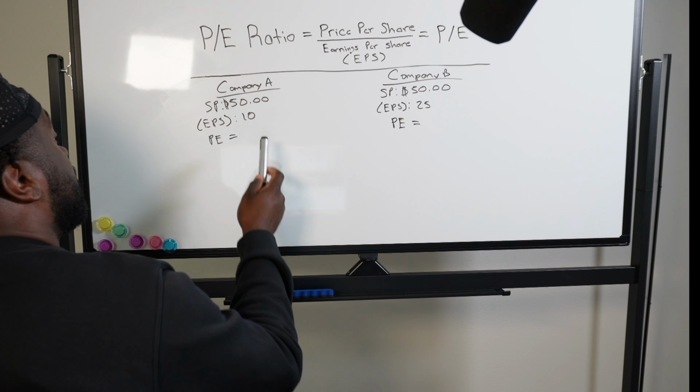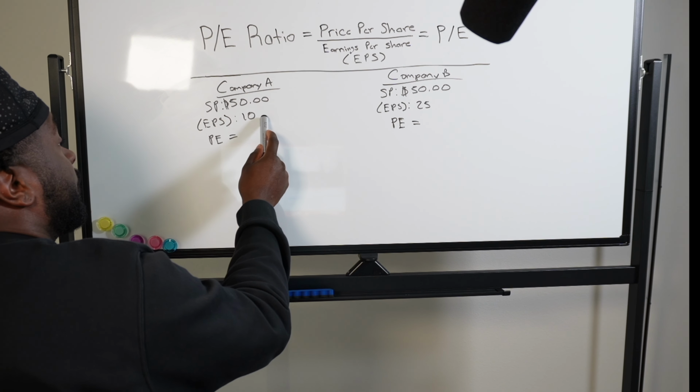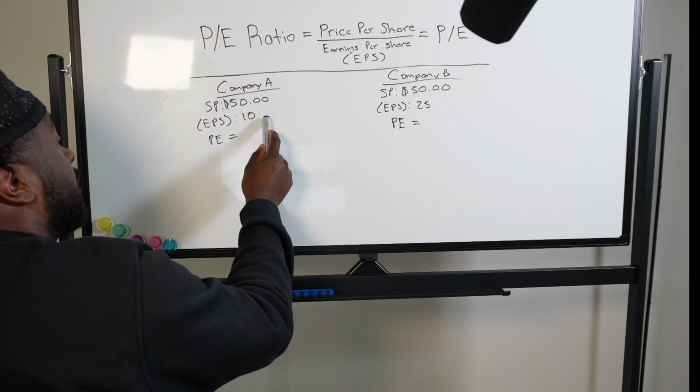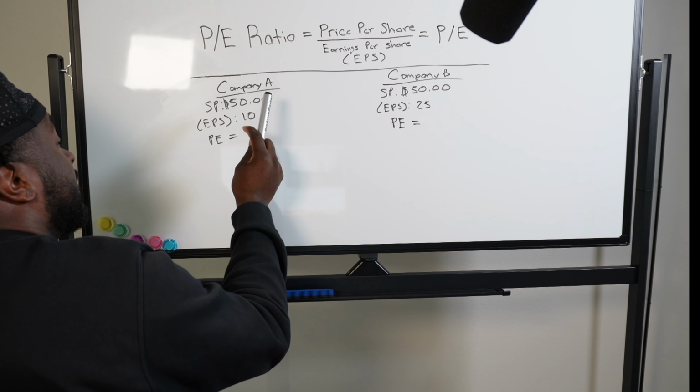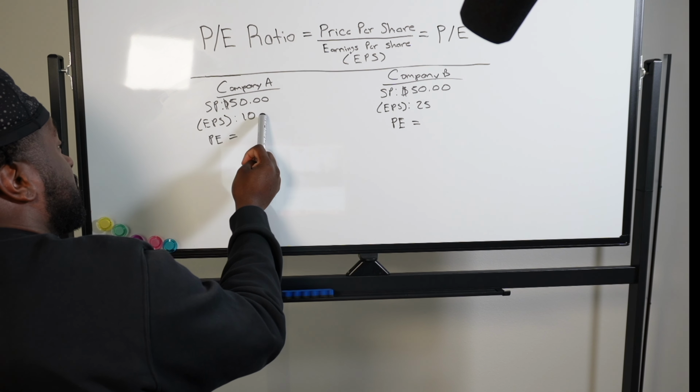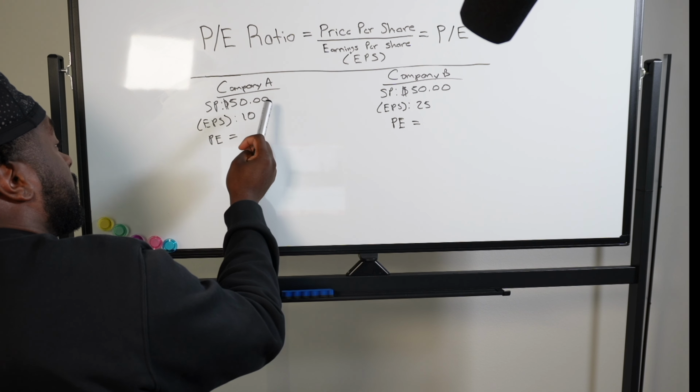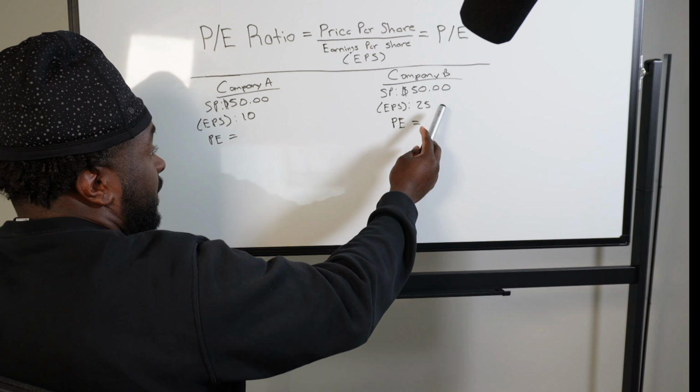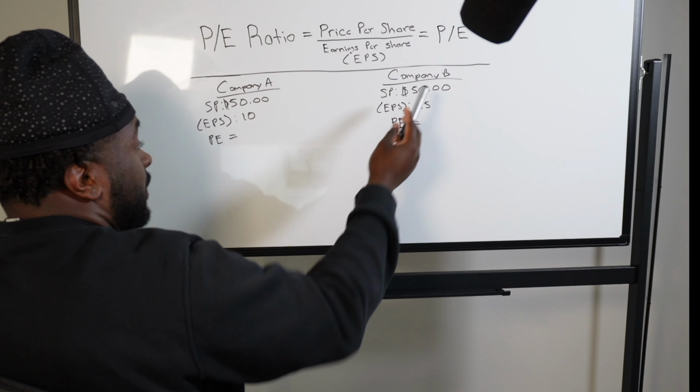So that means with company A, you're getting access to $10 of revenue or profits per every share. With this company, you're getting access to $25 per every share.